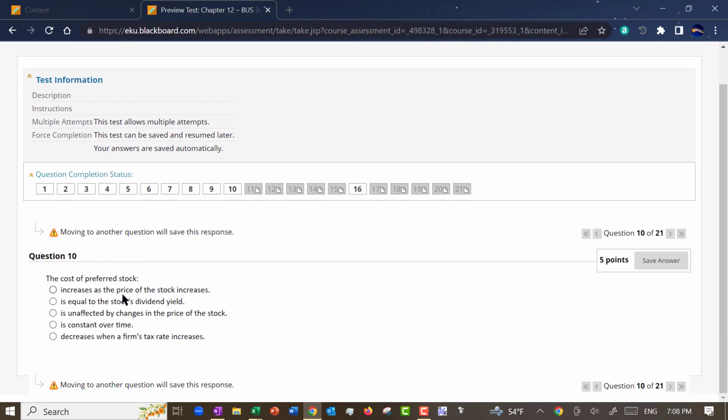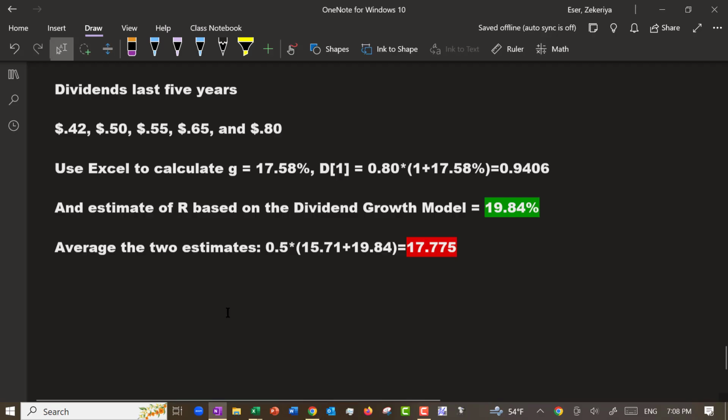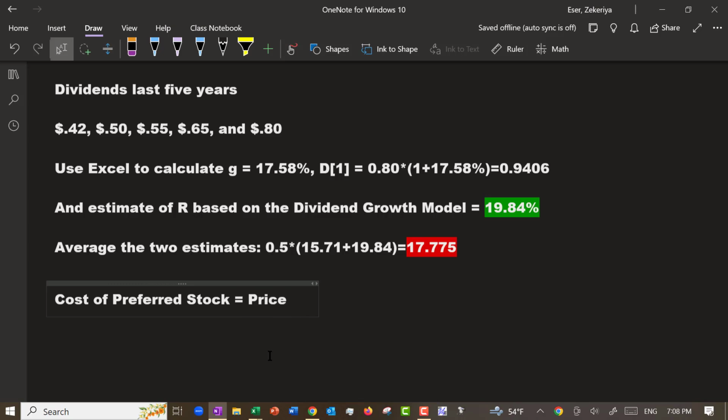Cost of preferred stock. Let's just write it here. It is equal to dividend over price.